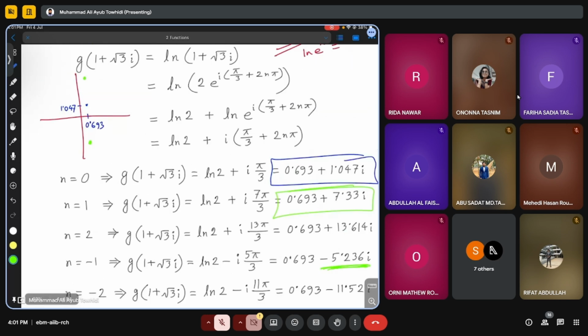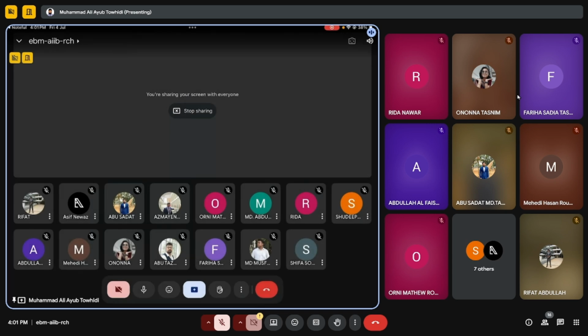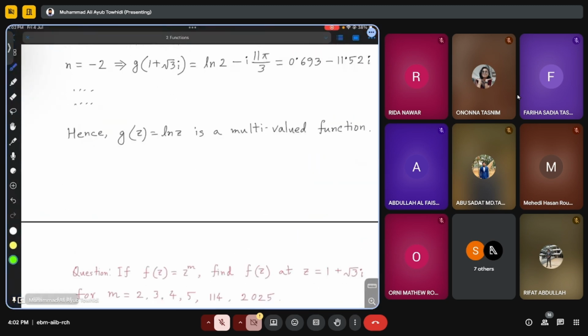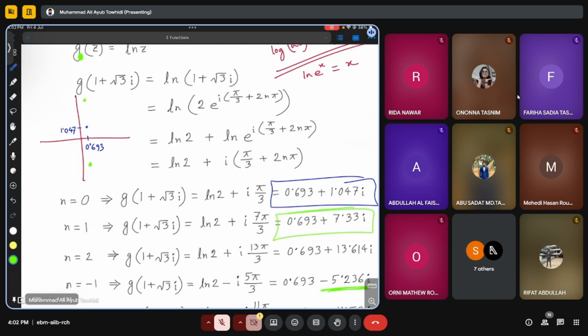Now remember the complex graph. Okay. Any more questions on this? Okay. So logarithmic function is a multi-valued function.